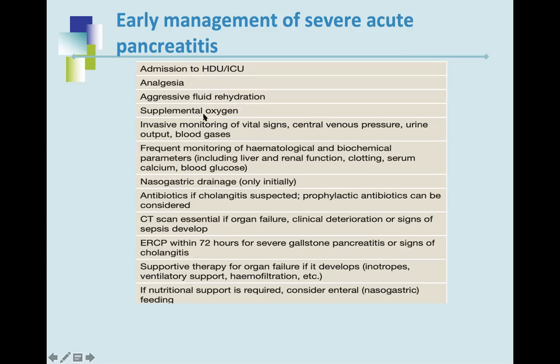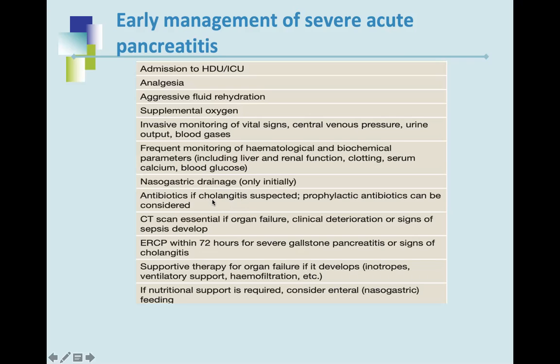Look at oxygen saturation, and if required, use supplementary oxygen. And this is the list of frequent monitoring of the patient, and nasogastric drainage, because when there is severe inflammation, there may be gastroparesis, distension of the abdomen, and risk of vomiting. So it is better to keep the stomach empty for some time, 1 or 2 days.